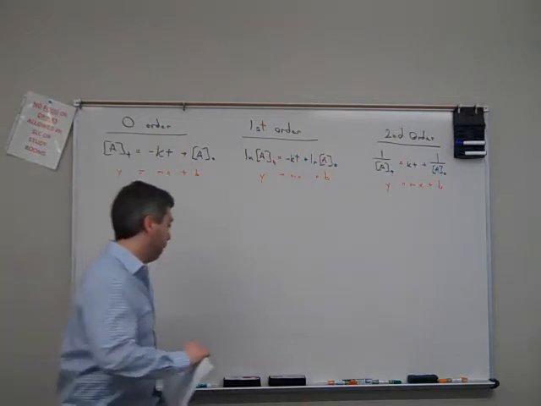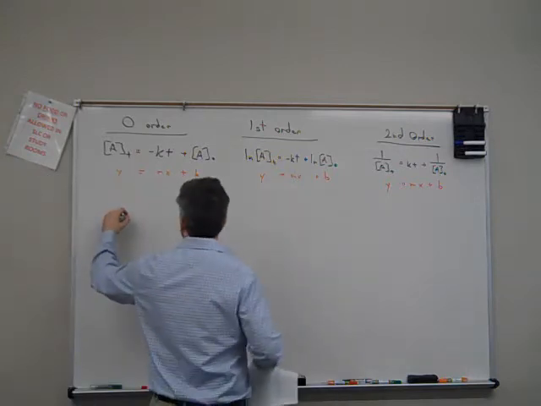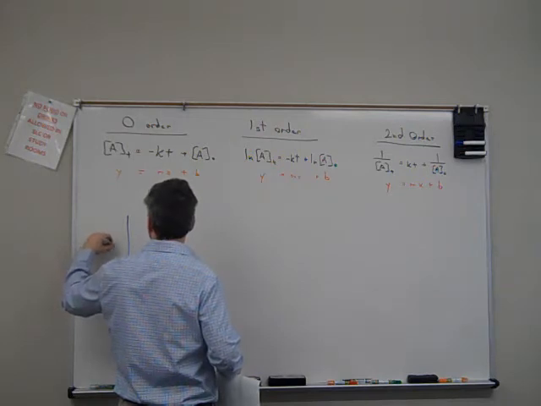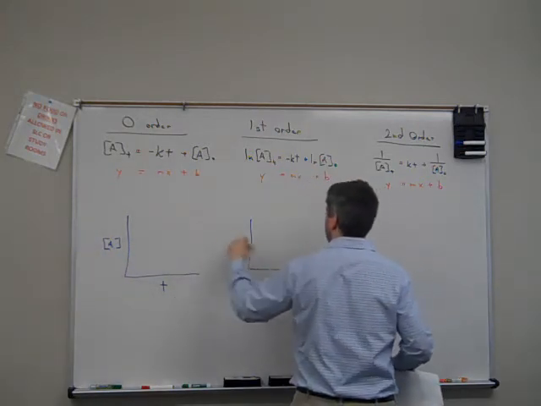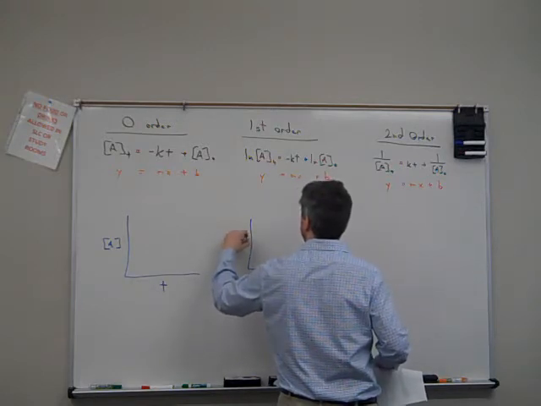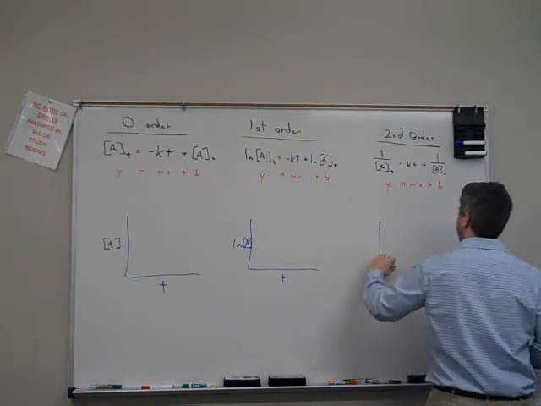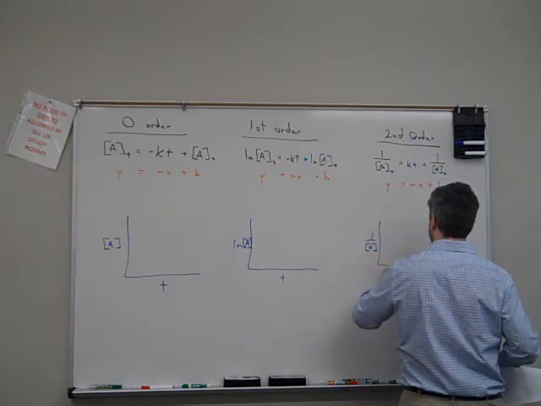So for example, let's say I have 3 graphs. I did an experiment and I'm graphing A versus time, ln of the concentration of A versus time, and 1 over the concentration of A versus time.